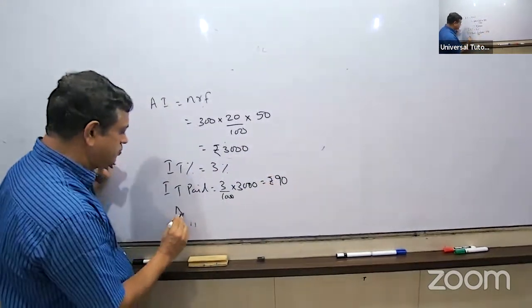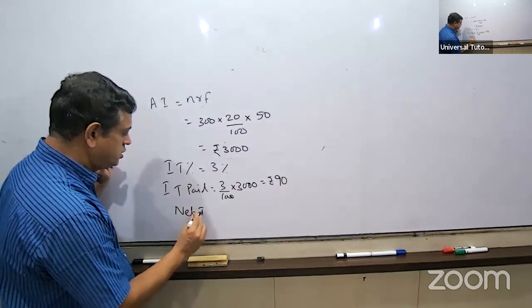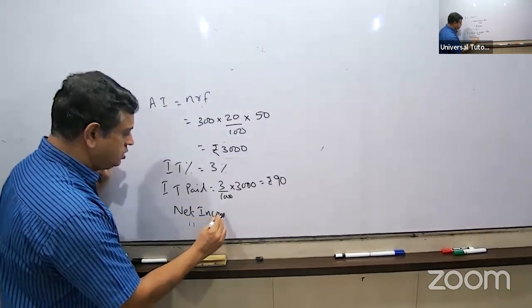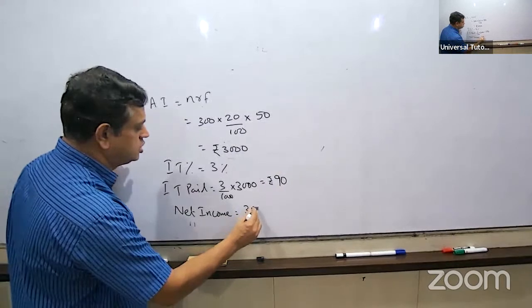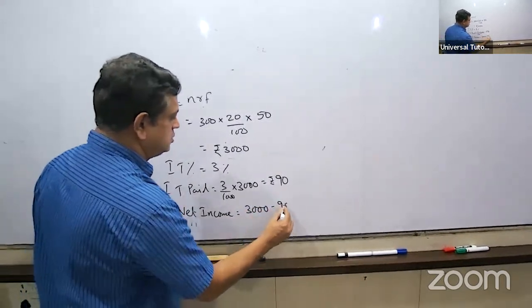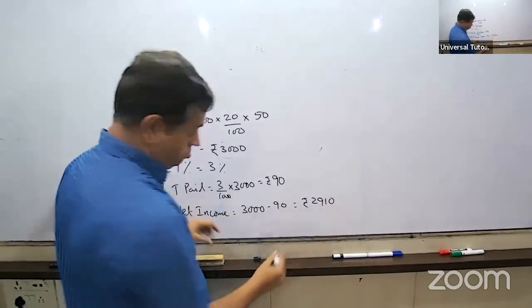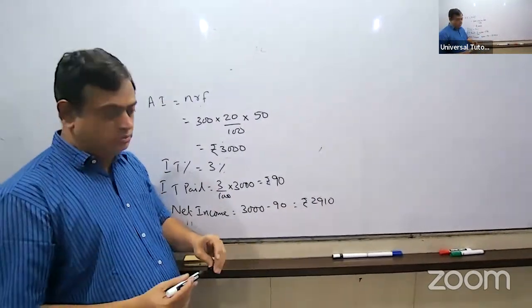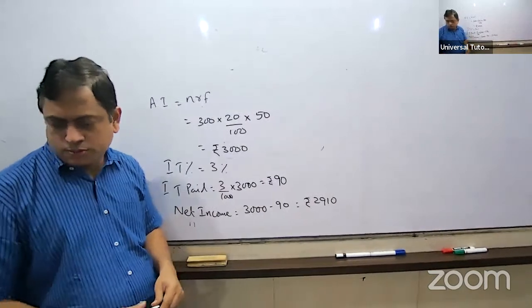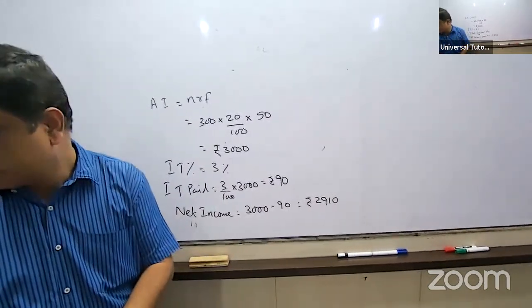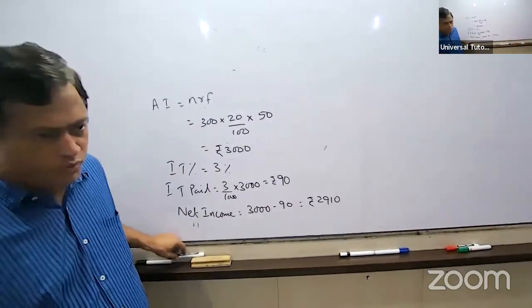Therefore, net income means 3000 minus 90, 2910. Please explain the calculation style. Very good.